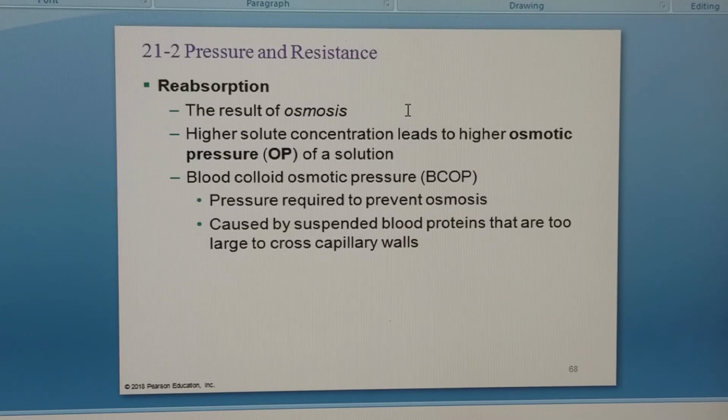Higher solute concentration leads to higher osmotic pressure of the solution. Blood colloid osmotic pressure is the pressure required to prevent osmosis, caused by suspended blood proteins that are too large to cross capillary walls.